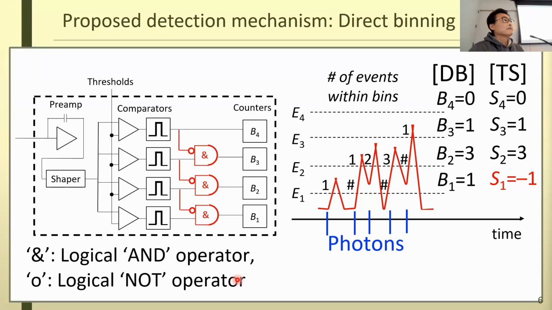Are you saying that it's enough to let two adjacent bins communicate with each other, and you don't need wires from every bin to every other bin? Correct. We only need to communicate between the adjacent energy thresholds, and that would get rid of negative counts because we don't have to do the subtraction. And this communication would take care of the difference between these two bins.